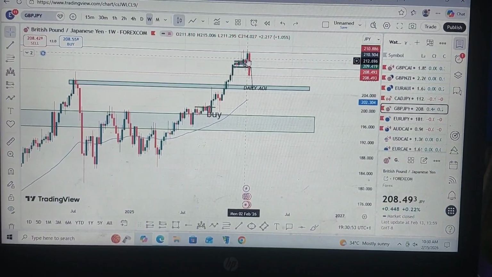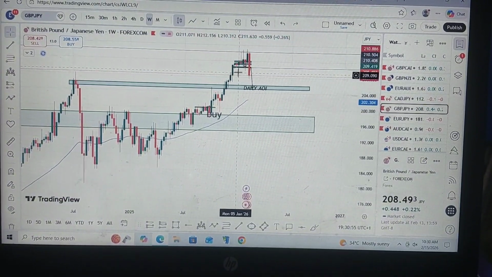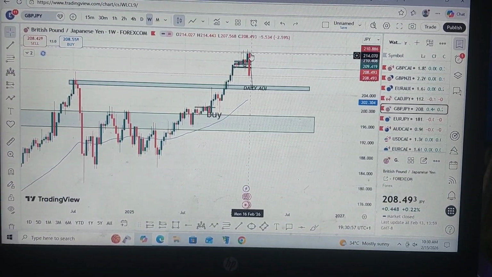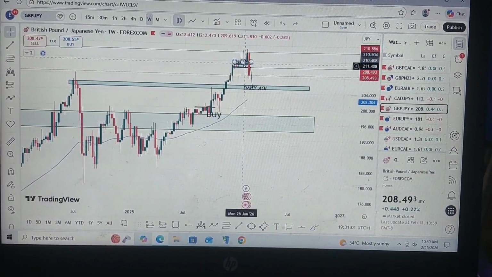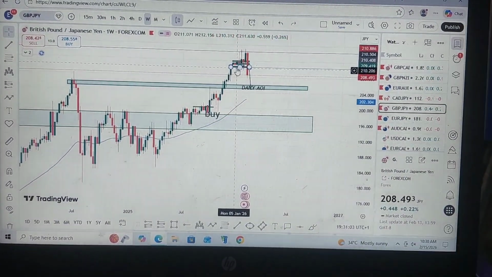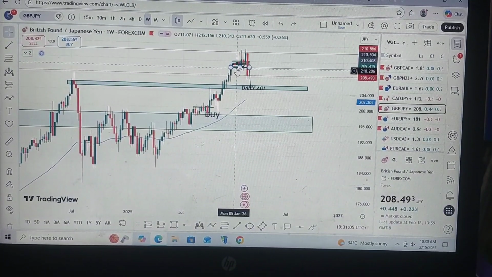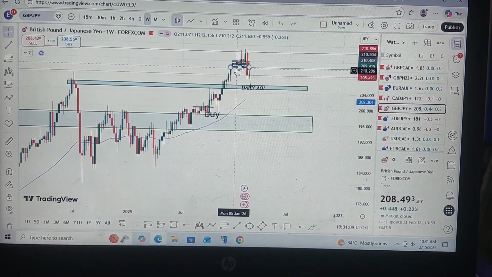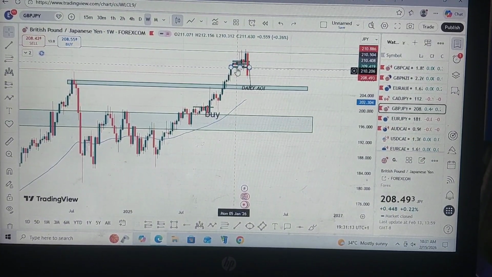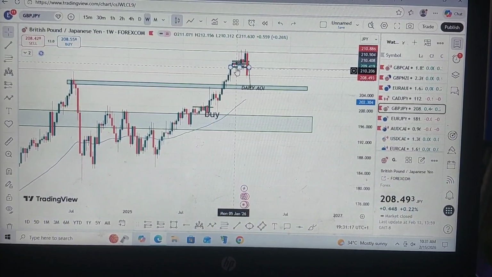Since we have this massive move, only this 1 weekly candlestick engulfs 1, 2, 3, 4, 5, almost 8 candlesticks. Just 1 week engulfs more than 8 candlesticks, showing you that the sellers are back in the market.